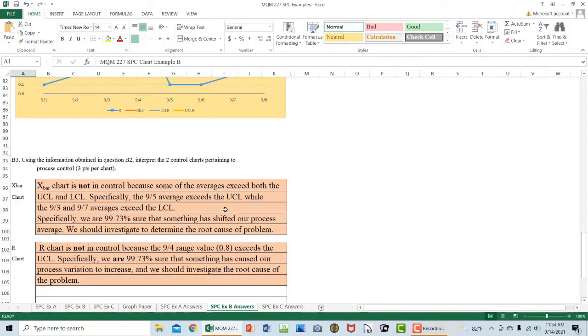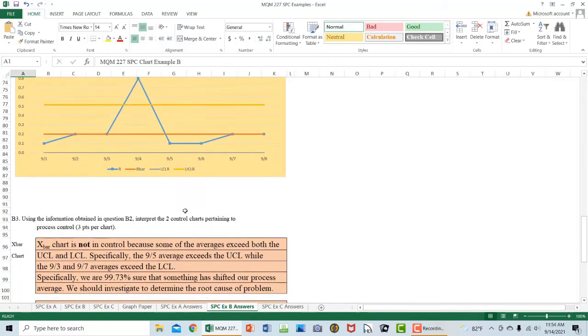We would not ever exceed the lower control limits on the R charts because it's almost always the lower control limit is 0. And we would say we are 99.73% sure that something has caused our process variation, not process average because it's an R chart, our process variation to increase. And we should investigate the root cause of the problem.